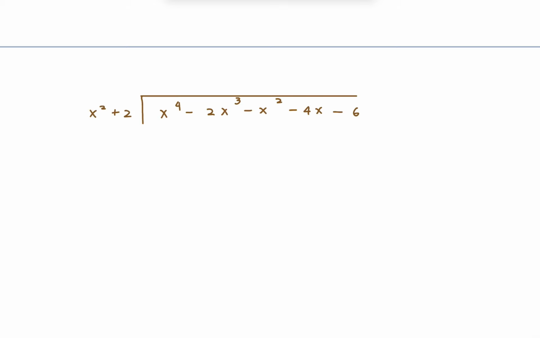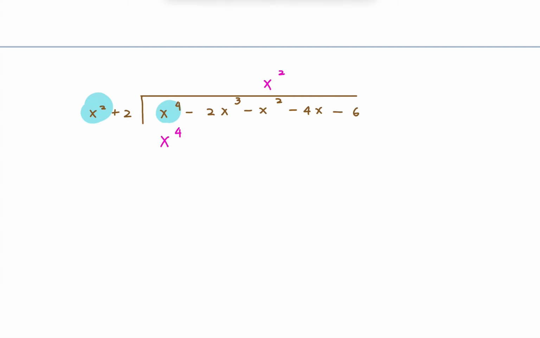What is the number if you multiply with x squared, you get x to the power of 4? So you have x squared. x squared times x squared is x to the power of 4. So put it here, x squared multiplied with x squared is x to the power of 4. And then x squared multiplied with 2, you have 2x squared.